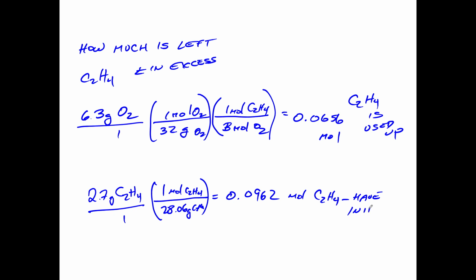Here's the thing, I haven't really changed the calculations that bit. What I'm doing is changing what each equation means. To get what's left is 0.0962 minus 0.0656. And we're going to figure out how many moles of this is left.